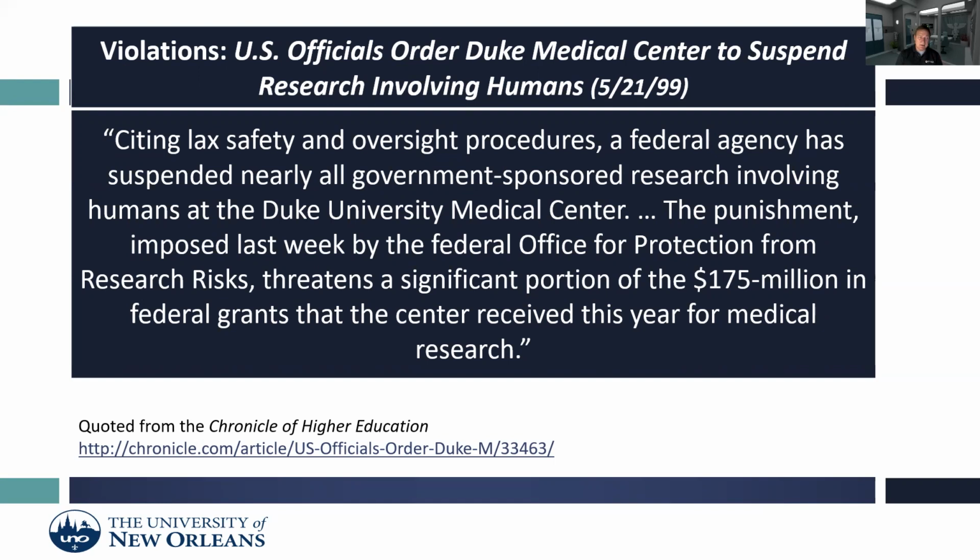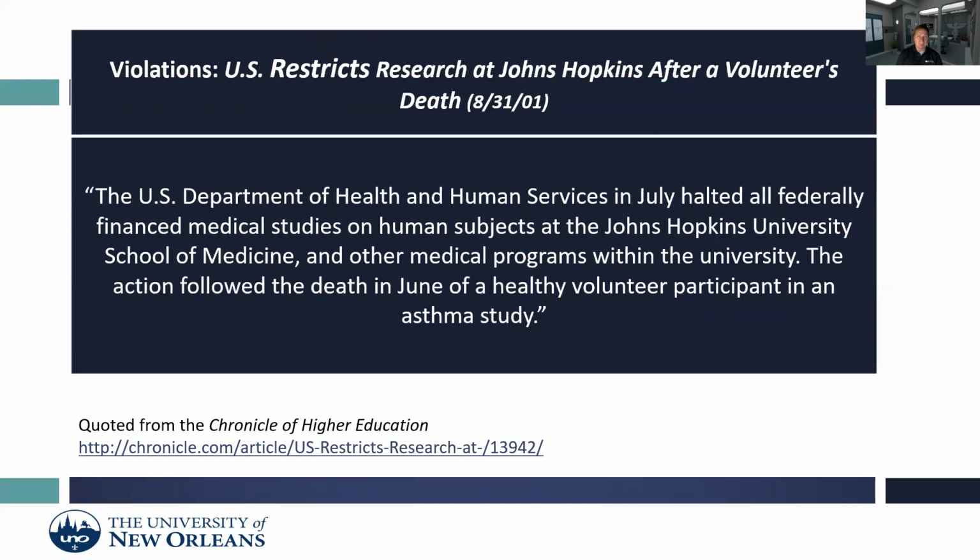There were a number of things that created fallout from this, but the whole point was, and I'll show you Johns Hopkins in just a minute, even the best systems, some of the best known research universities have made mistakes, and these research rules are in place to keep us within the boundaries of what's legal, but to also remind us if we stray outside of what's legal, that there's substantial penalty involved in it. This is the Johns Hopkins example.